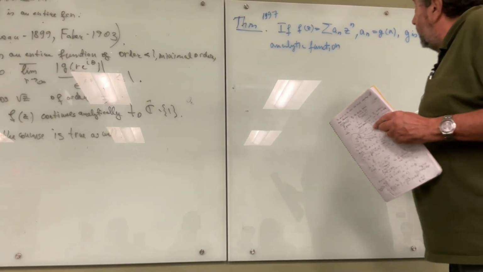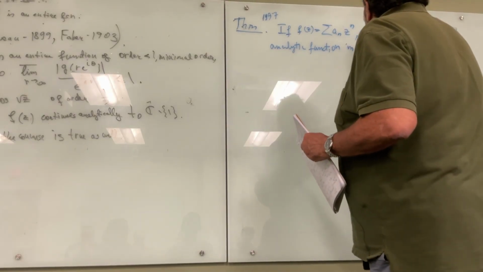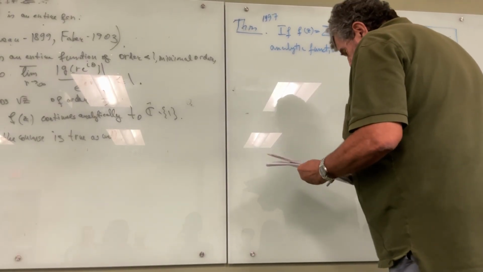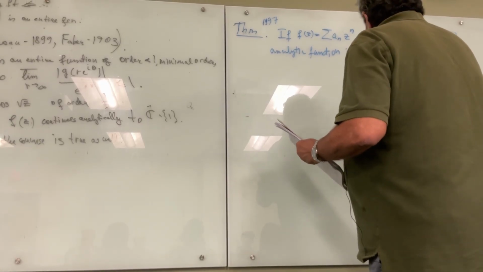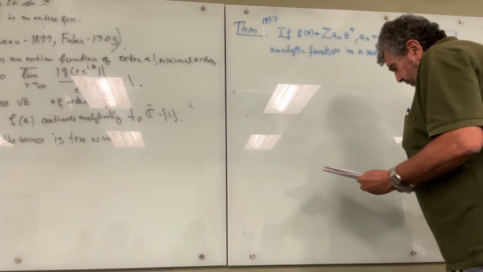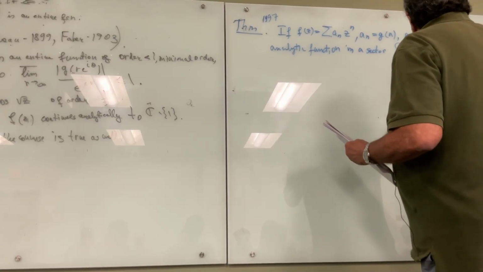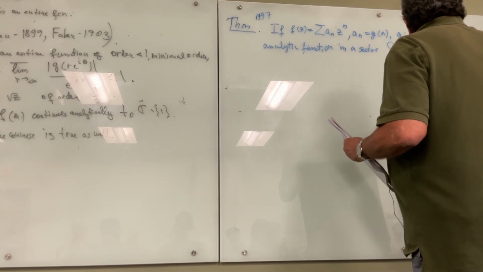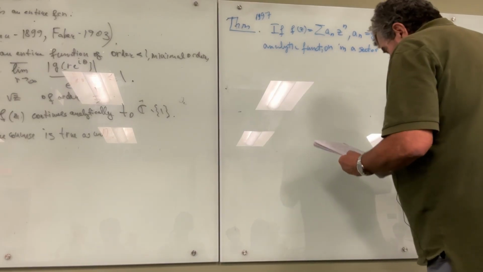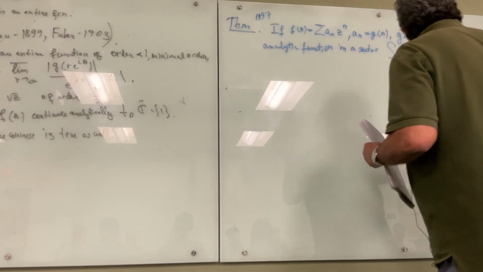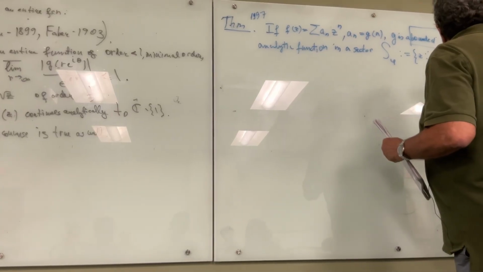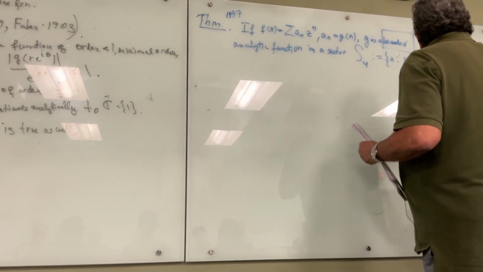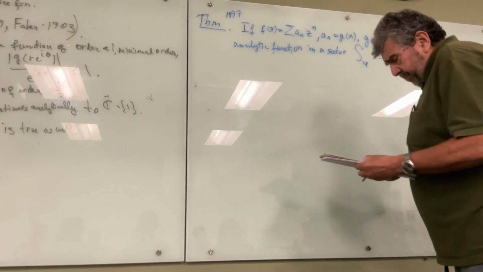Analytic function in a sector S_phi, which is z such that the argument of z is less than phi, less than pi over 2. Okay, I'll draw the picture in a moment.